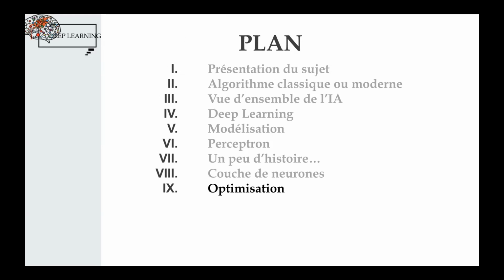Je pensais peut-être à Artificial Neural Network, mais ça, c'est ANN. Quelles sont les limites de ANN ?